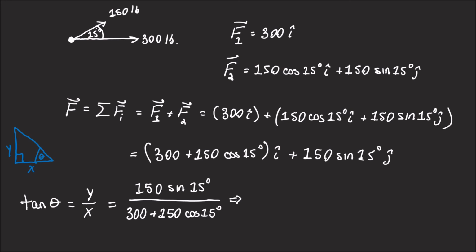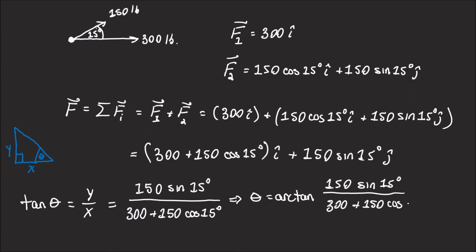Now, since both the vertical component and the horizontal component are positive, we can go ahead and take the inverse tangent of both sides. So theta is the arctan of 150 sine 15 degrees over 300 plus 150 cosine of 15 degrees.